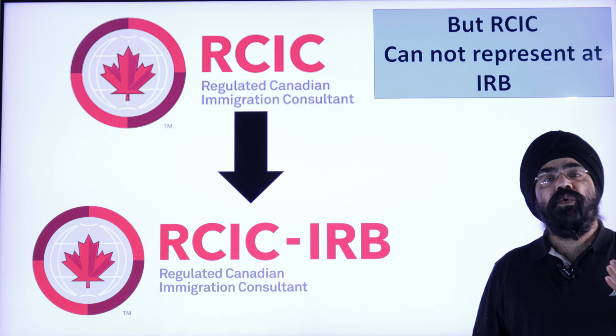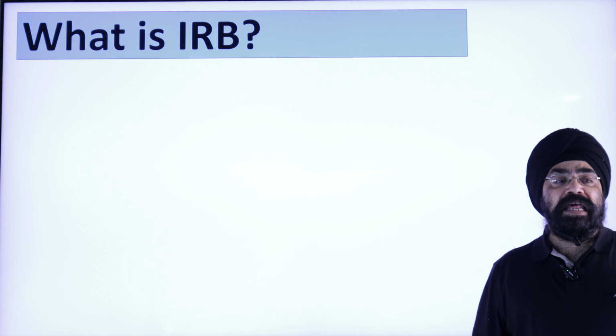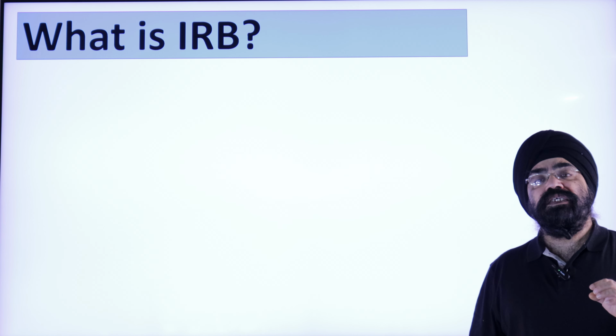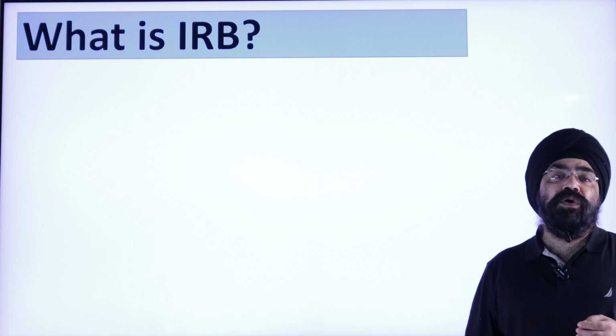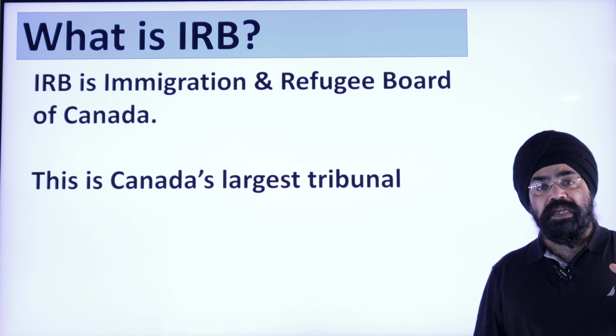So now the question is, what is IRB? Well, IRB in simple language is like a mini court. You can take it as a tribunal. This is Canada's biggest tribunal. It is called the Immigration and Refugee Board of Canada, IRB.